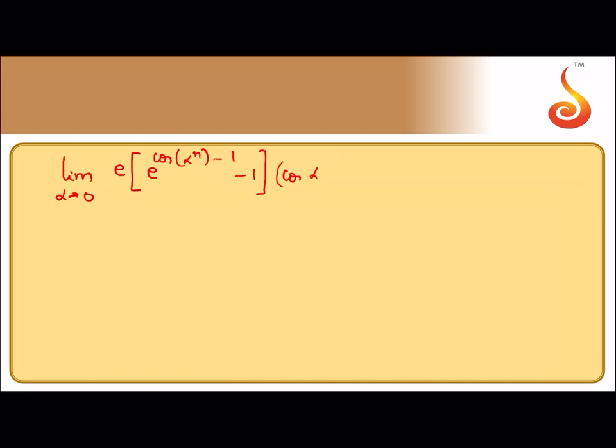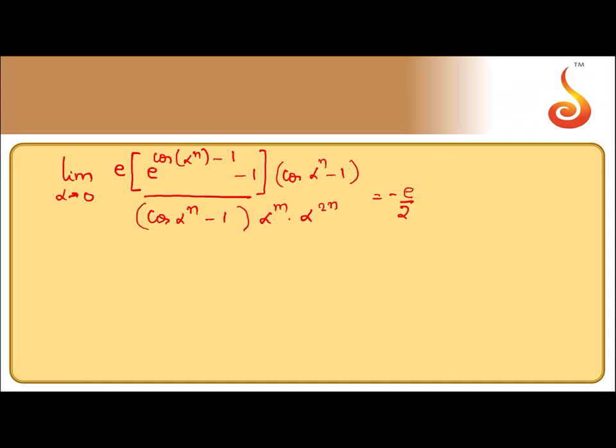So in this case, limit alpha tending to 0, e taken common, you get e to the power cos alpha to the power n minus 1 minus 1, into cos alpha to the power n minus 1 divided by cos alpha to the power n minus 1.